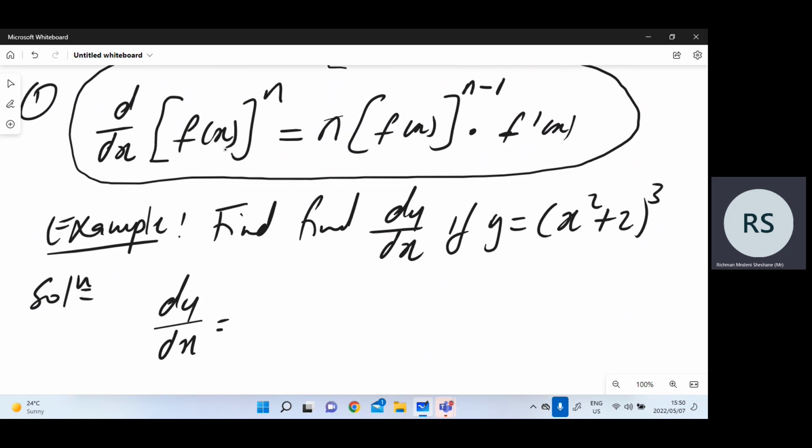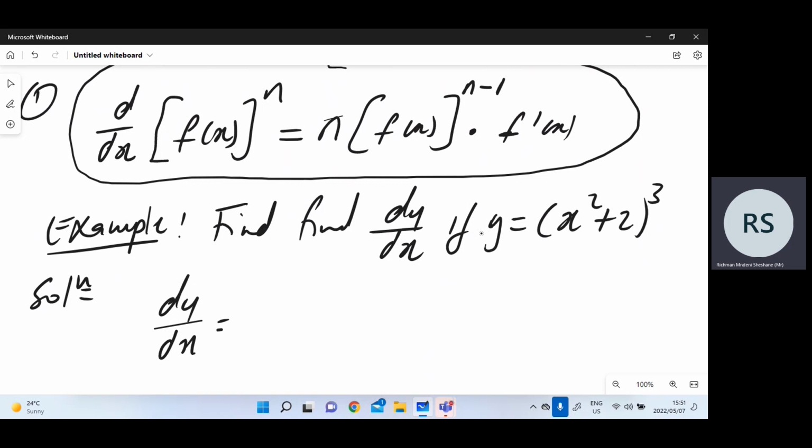But this formula is very helpful when n is 100, because you can't multiply the brackets out 100 times. So you can confirm this with this example: apply this formula, and also start by opening the bracket, and you'll see the answers will be the same.